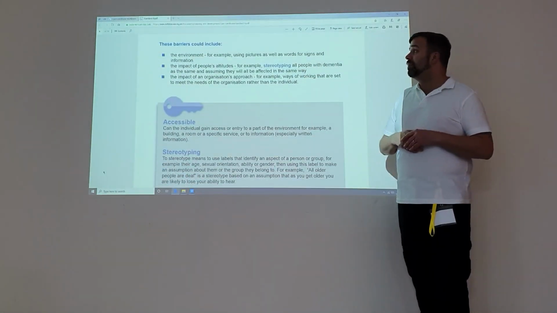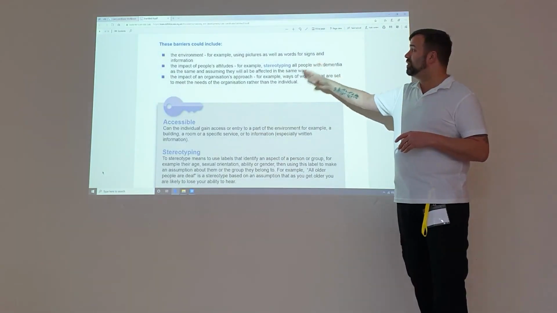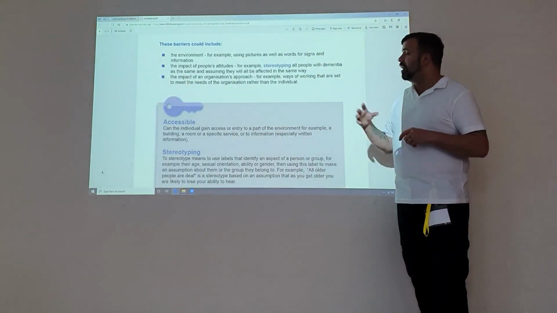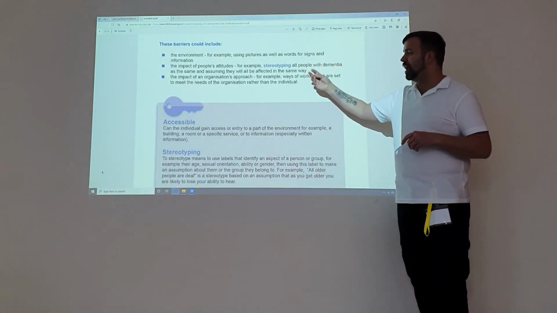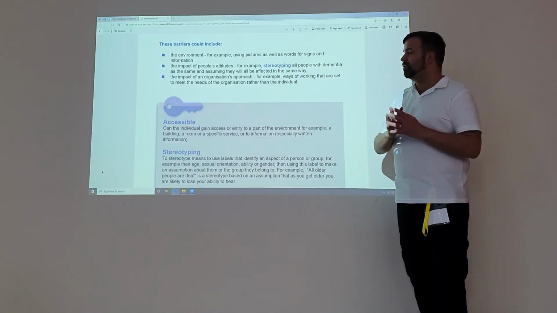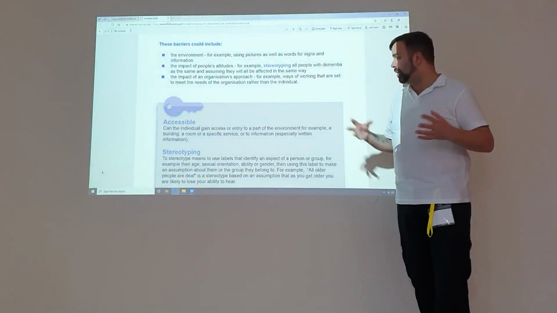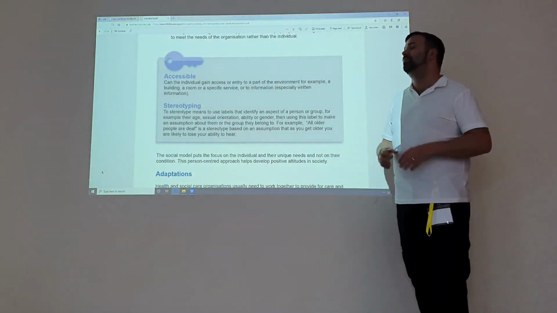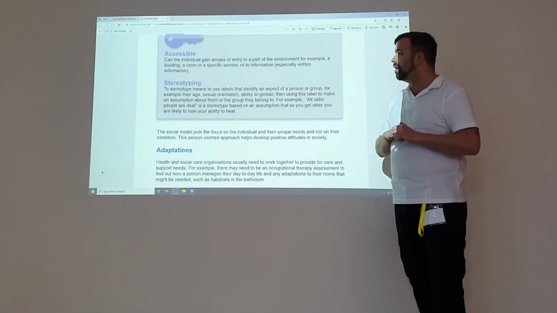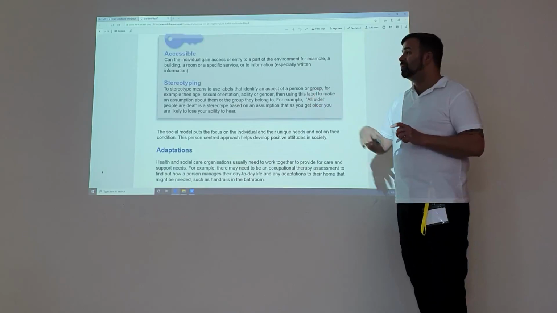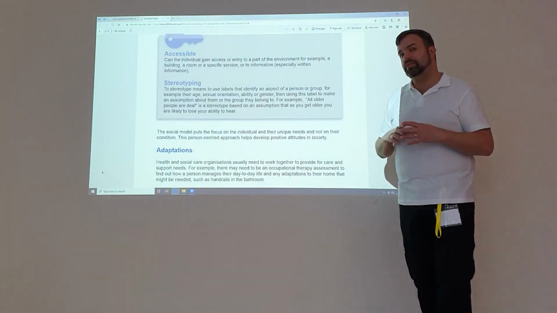It's important that we raise the barriers to reduce stereotypes, and we work in a more person-centred way. We need to ensure that accessibility is there, that we can actually get everyone into our community and experiencing all parts of it. It's important we reduce and stop stereotyping.